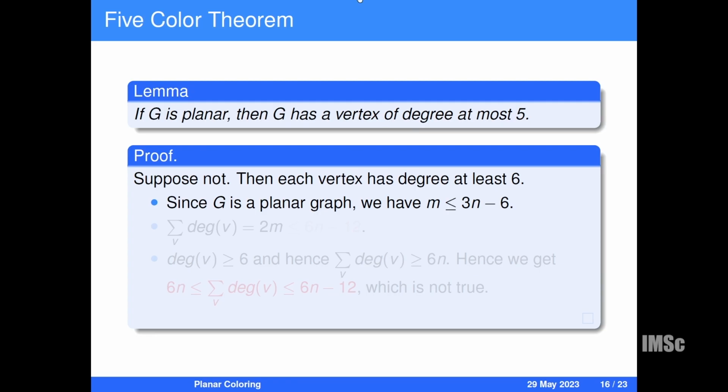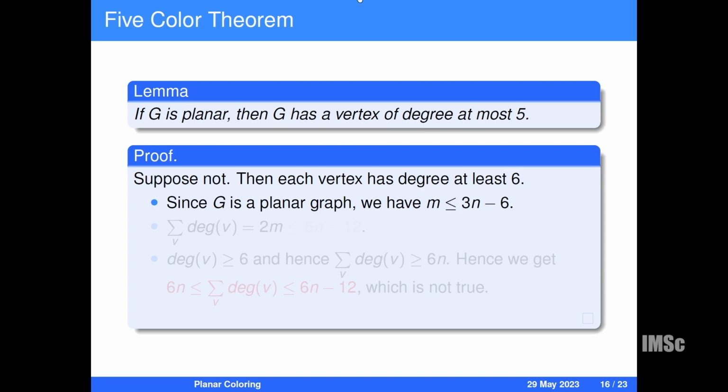And we saw in the previous slide that if G is planar, then m is at most 3n minus 6. Please take it for granted, this is well established, well known. So now how do we rewrite m? Is there any relation between the number of edges and the summation of degrees of the graph? There is a handshaking lemma, right?